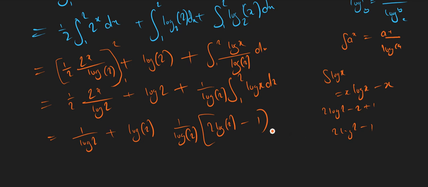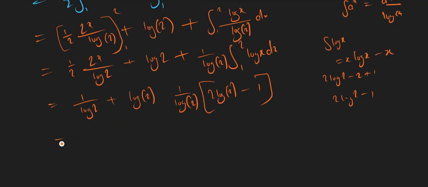So let's see if we are correct. Okay, this is 1 over log 2, plus log 2. Then you have plus, then this will be 2 plus 2. Then this will be minus 1 over log 2.